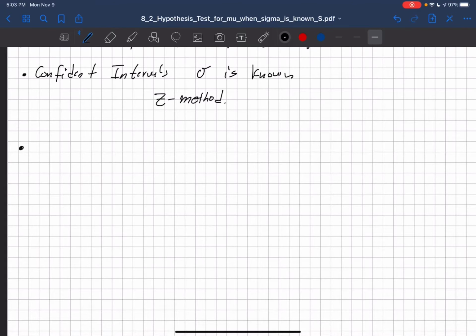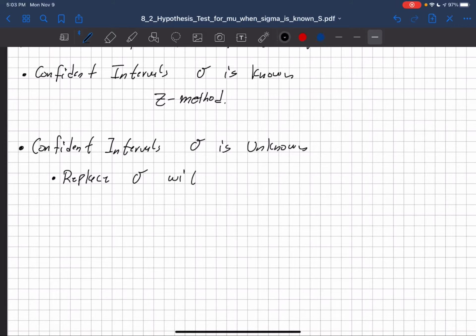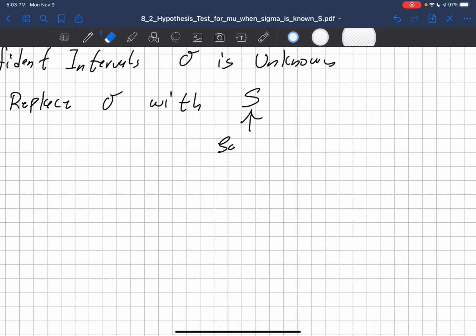But what happens when you're not given the population standard deviation, when you don't know what that value is? Then we learned how to find confidence intervals when sigma, our population standard deviation, is unknown. The way we did this is that we replaced our population standard deviation sigma with S, the sample standard deviation.